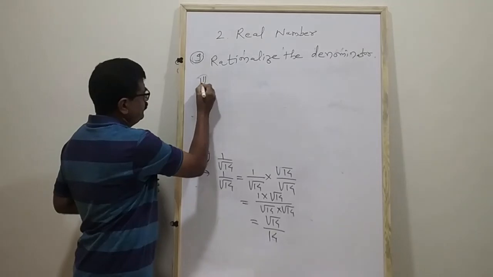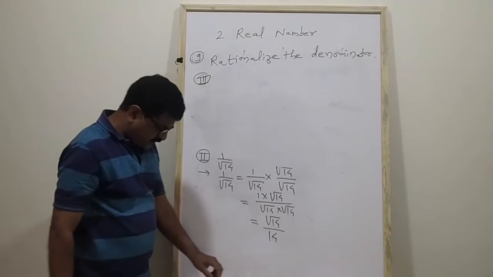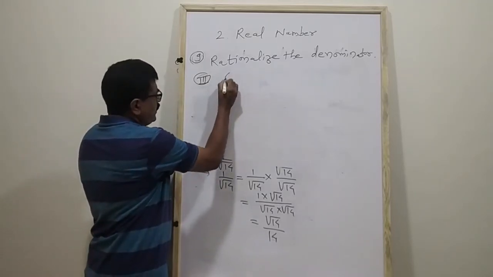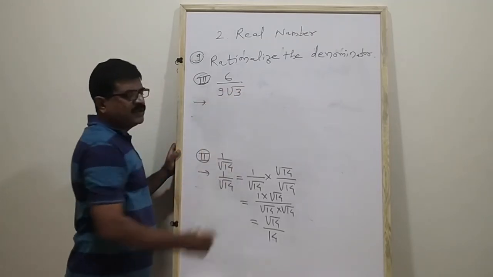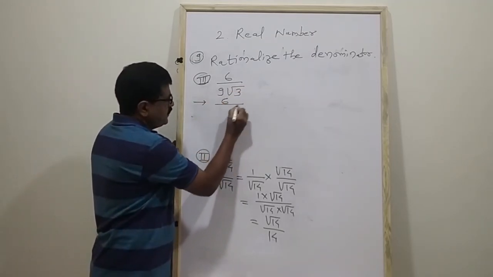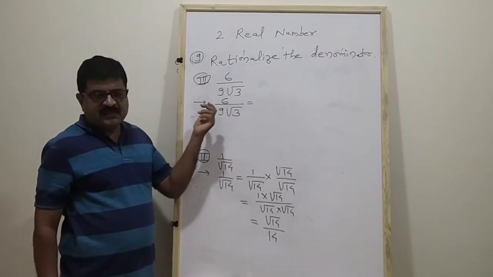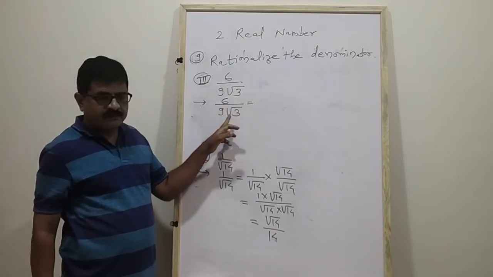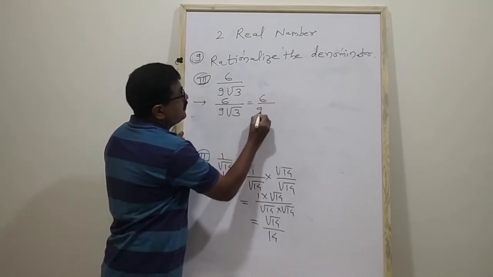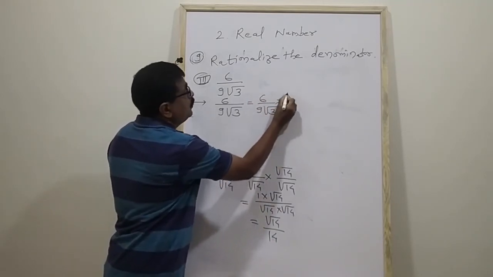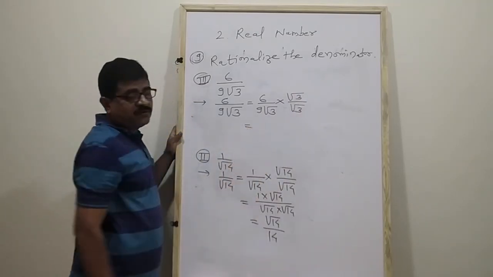Number 3, 6 upon 9 square root 3. 6 upon 9 square root 3 is equal to. Now what is the rationalizing factor of this square root 3? First write down this as it is. 6 upon 9 square root 3, multiplying and dividing by square root 3 is equal to.